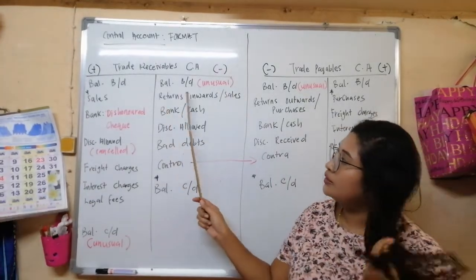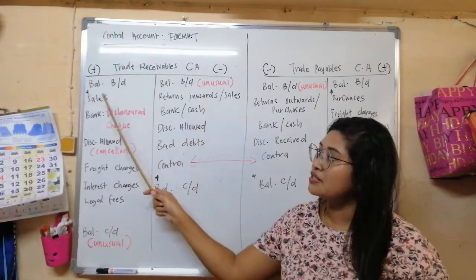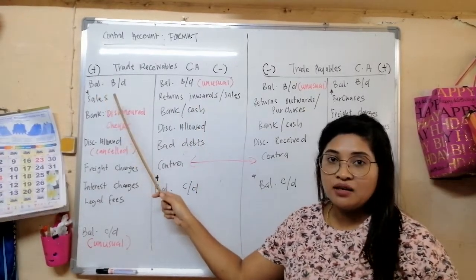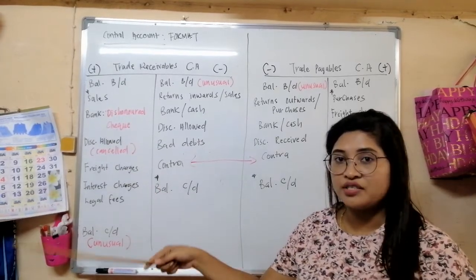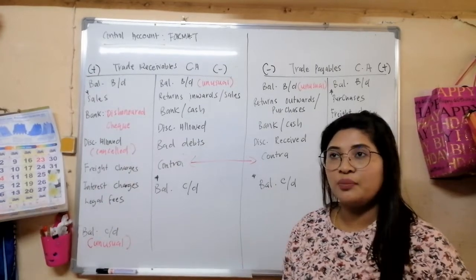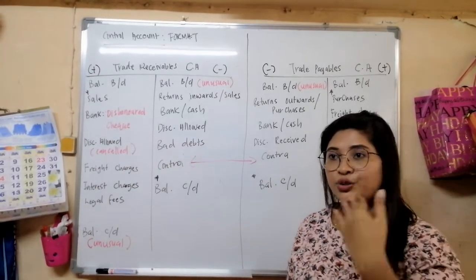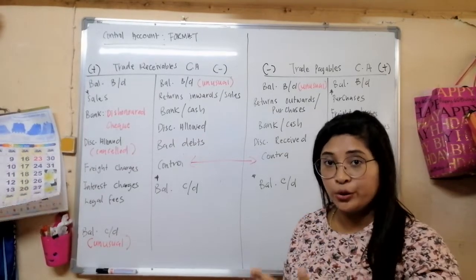Next is our return inwards, or sales returns. The sales we made to our receivables, they buy goods from us, which means we sell goods to them by credit, which means they owe to us.